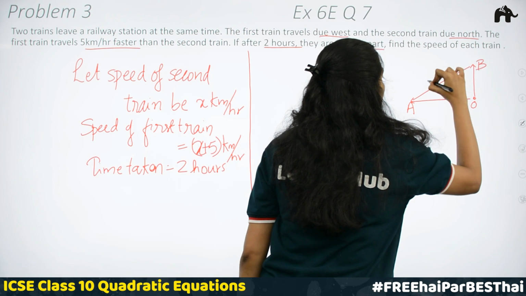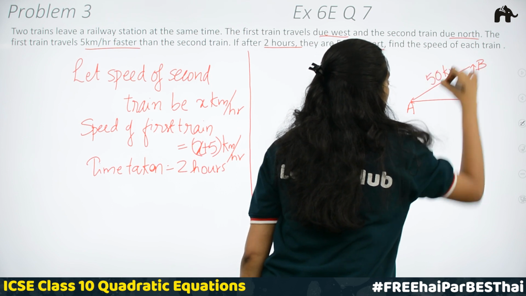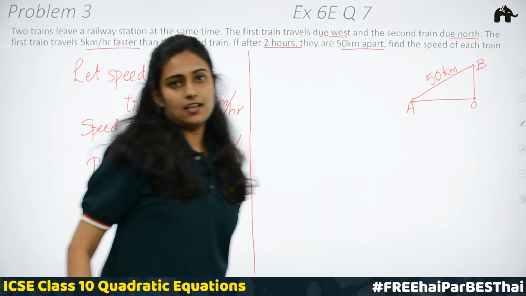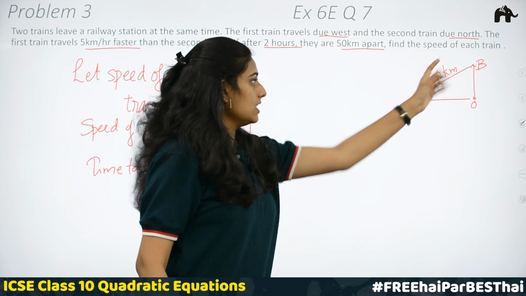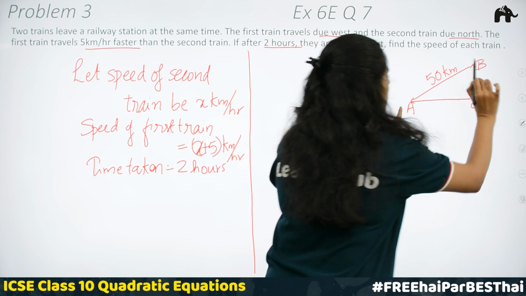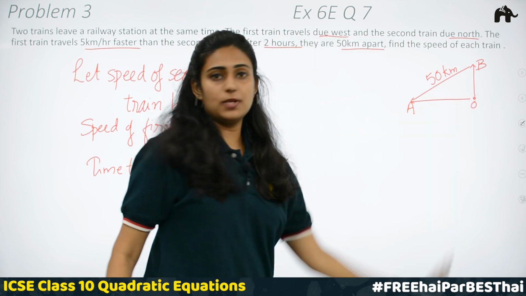They are 50 km apart, which means the distance between the final positions of both trains is 50 km.